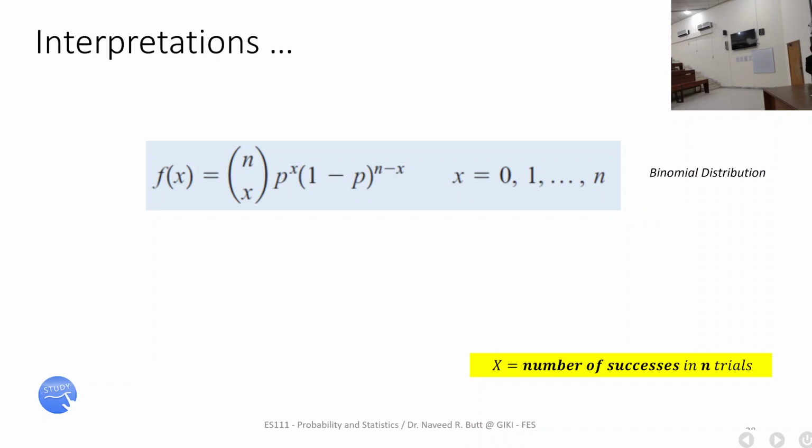Now if X takes the value small x, this is probability X equals small x, yeah? Function. So let's say this is 4 and this is 10. So you're saying what's the probability that there will be 4 successes in 10 trials?